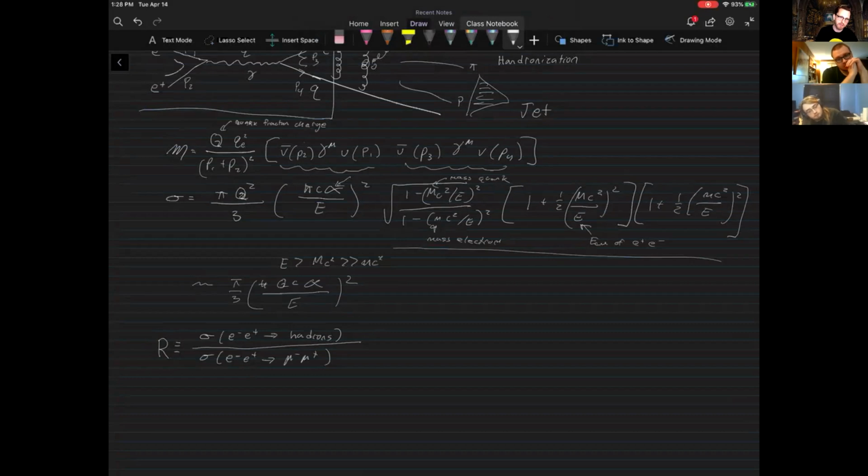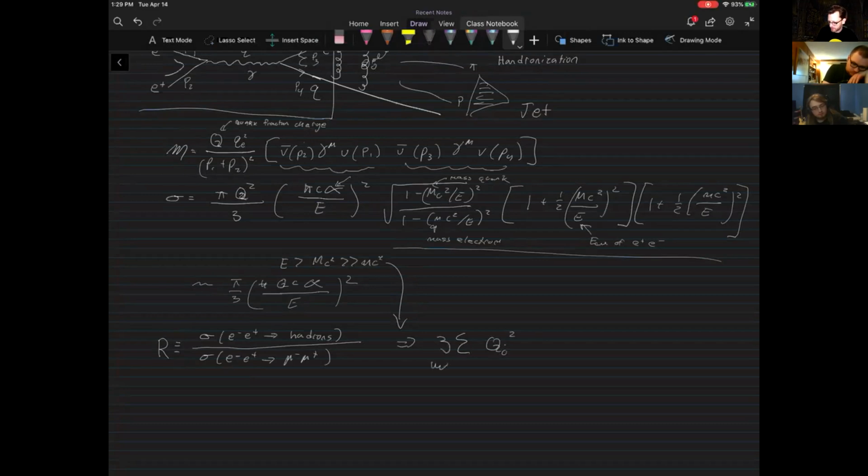There's something about the fractional charge on the quark. And it turns out in this limit that this ratio just goes to the sum of the fractional quark charges squared, and then there's a factor of 3 that sits out in front.